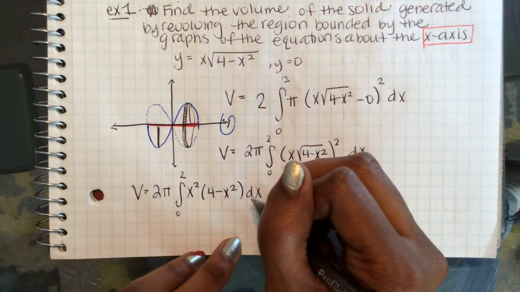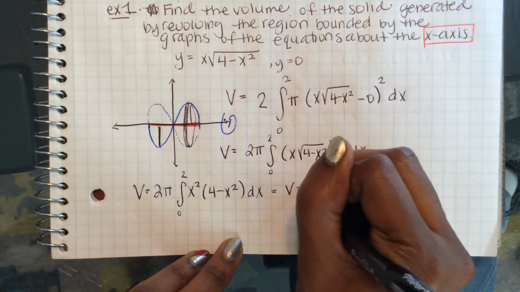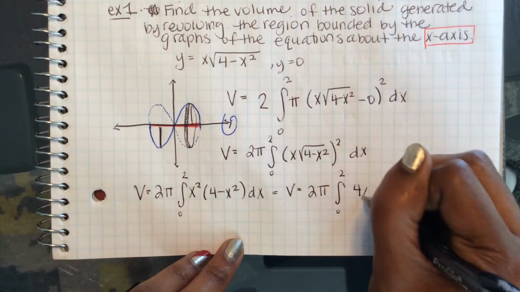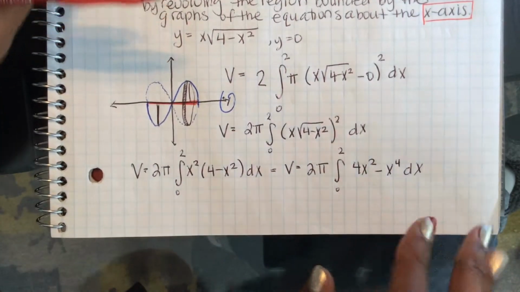So now I can distribute this. Volume equals 2 pi integral from 0 to 2 of 4x squared minus x to the 4th dx.